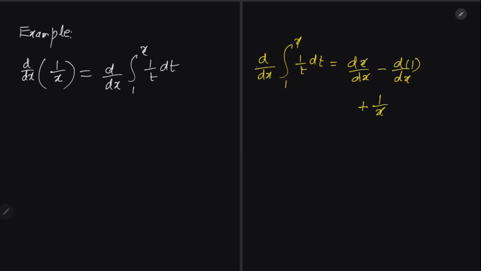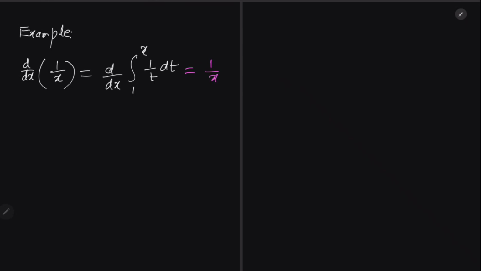Okay, that's how we define the Leibniz rule. So the answer is 1 over x. Sorry, the derivative we are finding is the derivative of natural log of x.